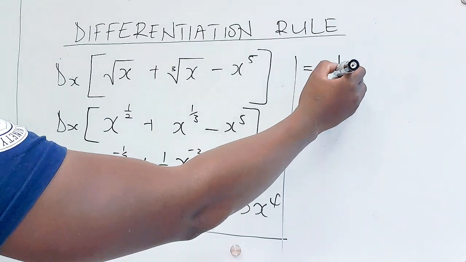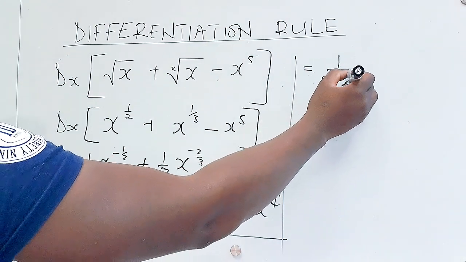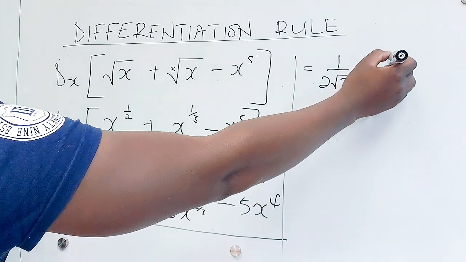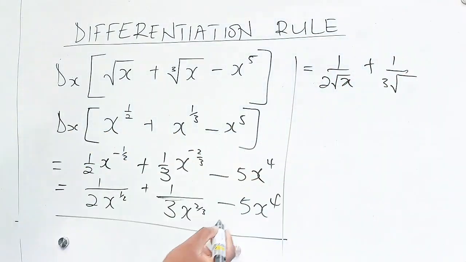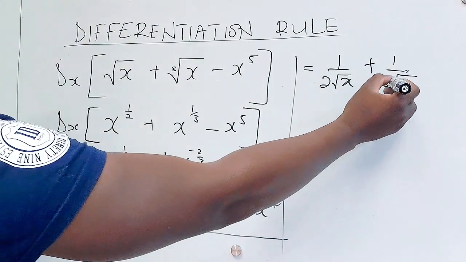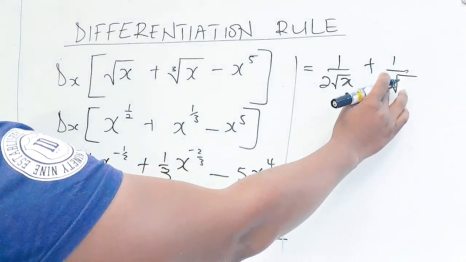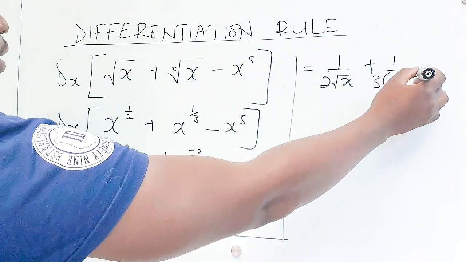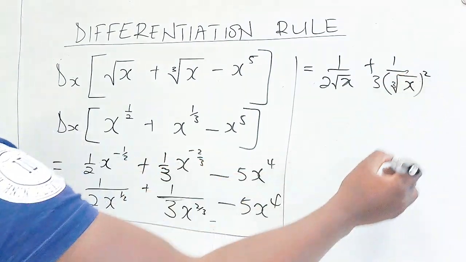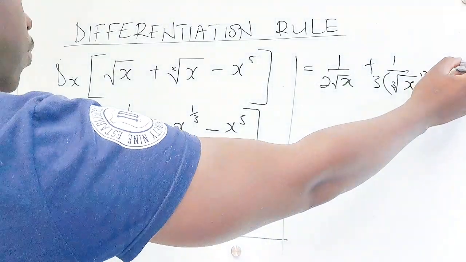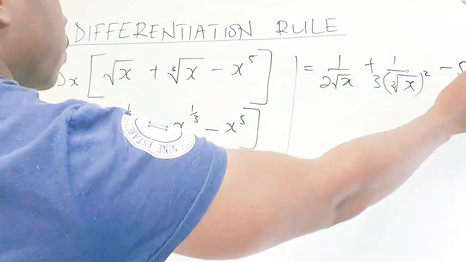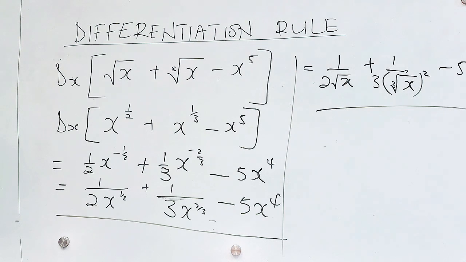This becomes 1 over 2 root x plus 1 over 3. This one becomes cube root. Then you have a square there, you square it like that. Then minus 5x power 4. That's how you can represent it.